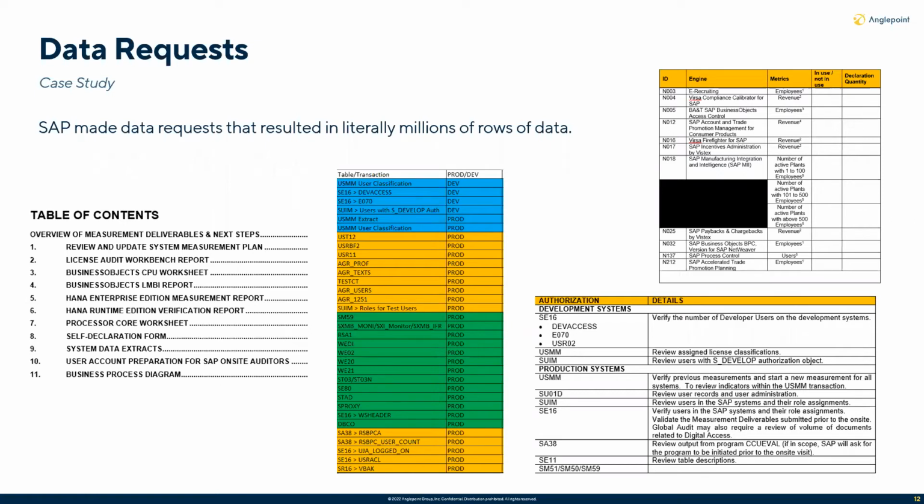So this is the table of contents from the enhanced audit. So these are the things that SAP wanted to collect, right? So they wanted the measurement plan to get updated. They wanted the LAW report, business objects report, HANA, processor workflows, or worksheets, self-declaration forms, system data extracts. I mean, they wanted a lot of information.